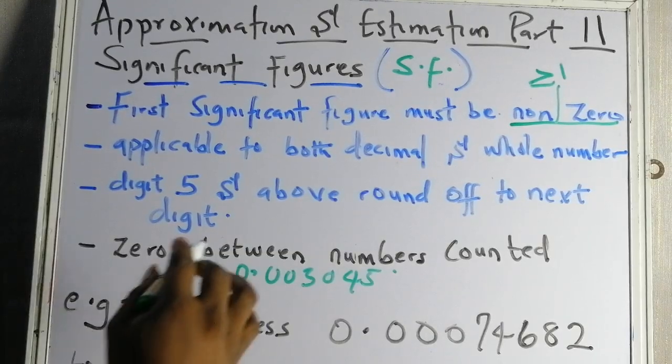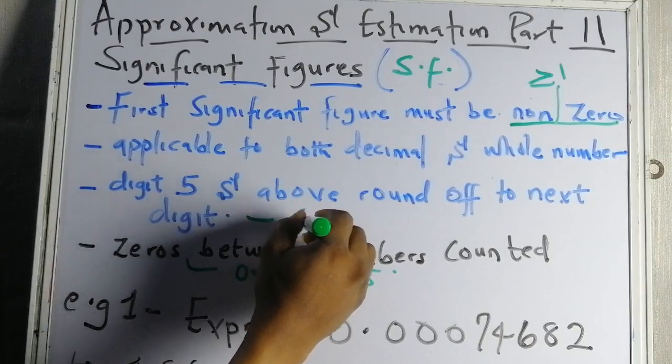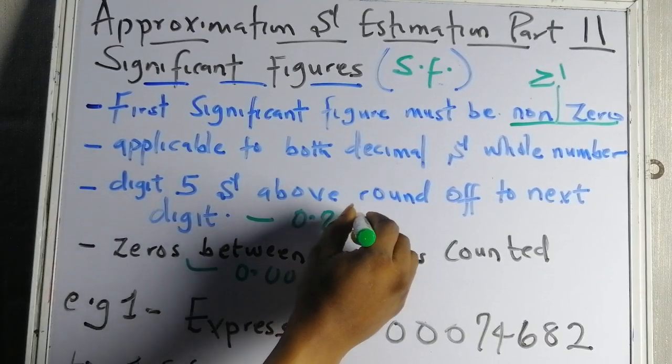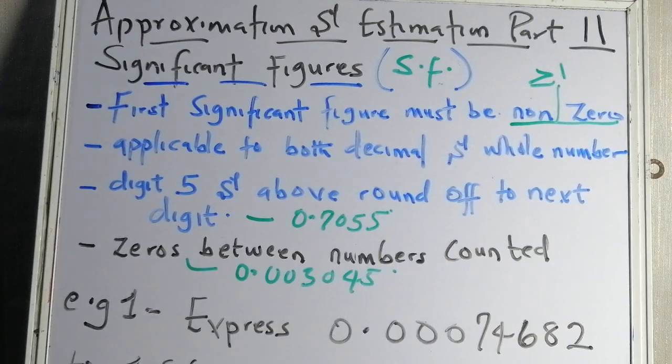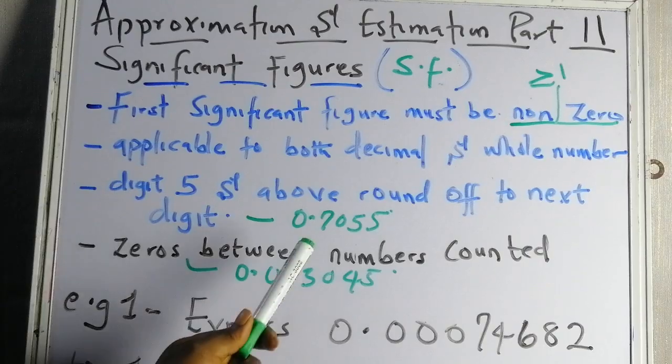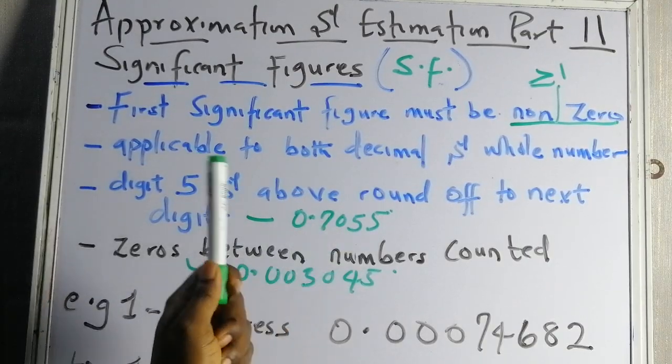For the digit 5 and above, round up. Let me give you 0.7055, and you are asked to approximate this to 3 significant figures. Look at it very well. The first non-zero is 7, and this 0 is between numbers, so I will count it.